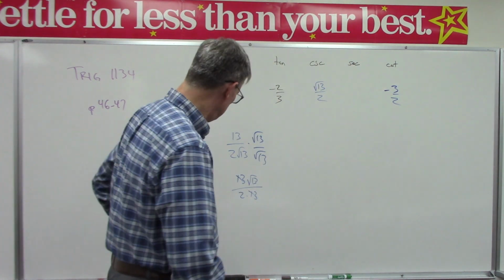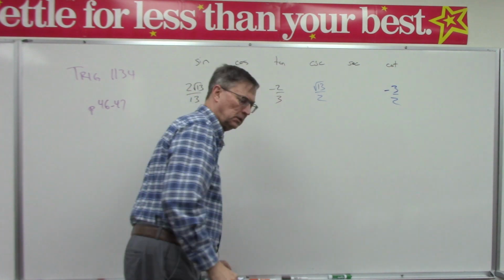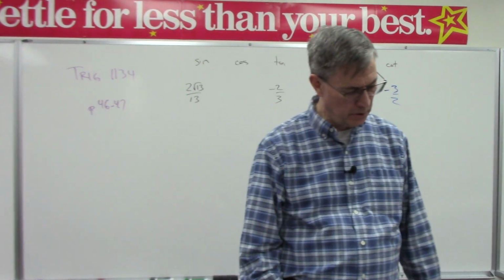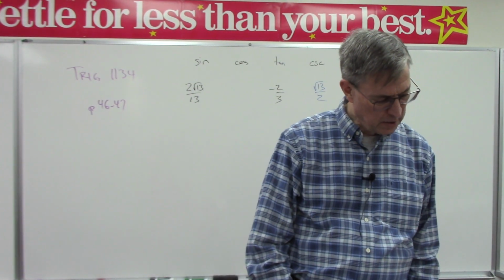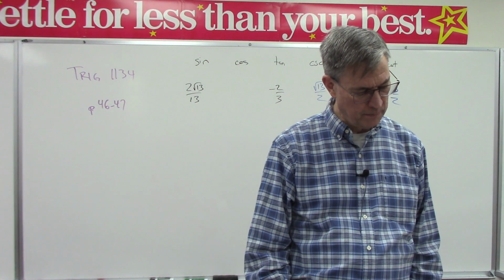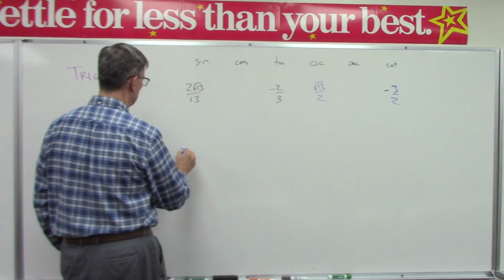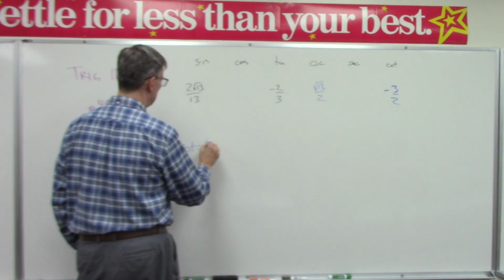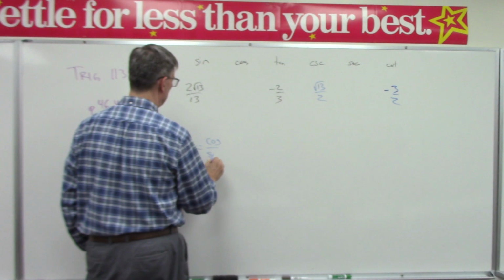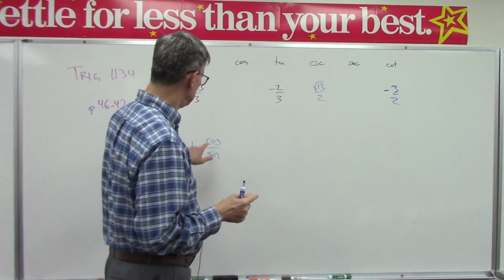Now, let's find the next one here. Cotangent is equal to the cosine over the sine. All right, so I don't know the cosine.